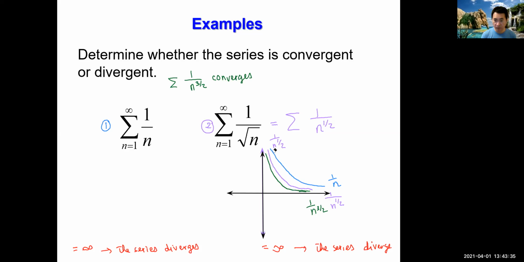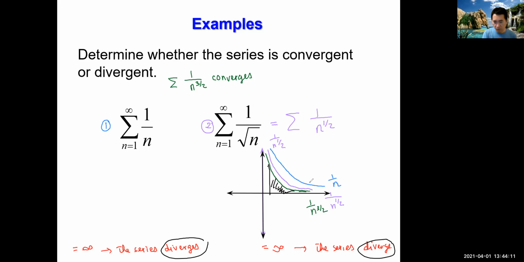Because they all rely on the answer of the improper integral, and the improper integral represents the area underneath this curve, you see the first two, the blue and the purple, diverge. It's just because the area underneath the blue and the purple is big, so it's going to be infinity.